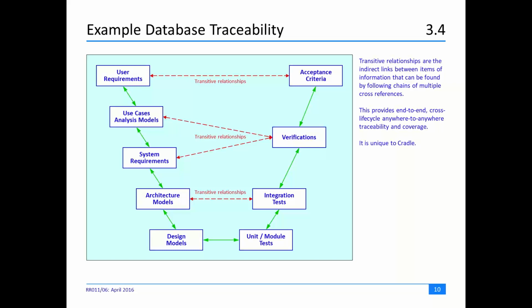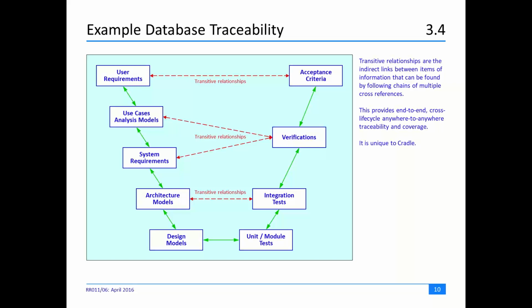Each set of information has been directly linked to its adjacent set of information with cross-references. So we've created user requirements, upper left corner, we've created some use cases, and we have linked those together with relationships in Cradle. And then we have linked the use cases directly to the system requirements that we've created in Cradle, and so on, so on.